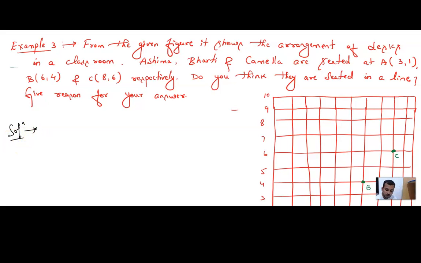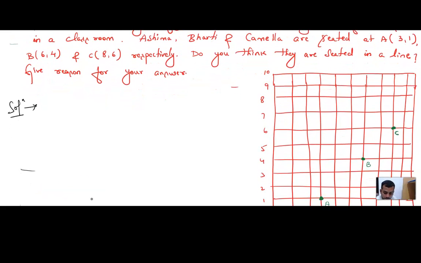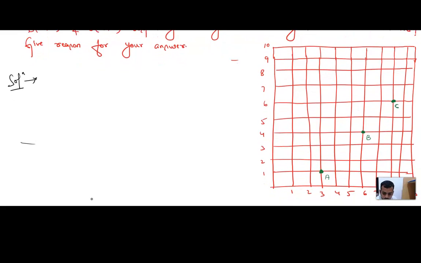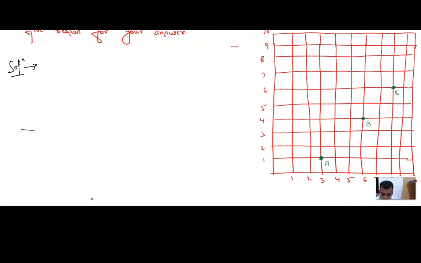Okay, children, here you can observe the table. Can you see the figure, children? Yeah. Now here we can see the coordinates of A. What is the coordinate of A?